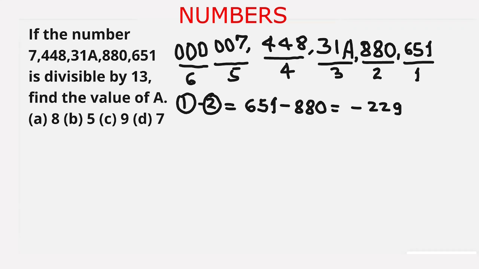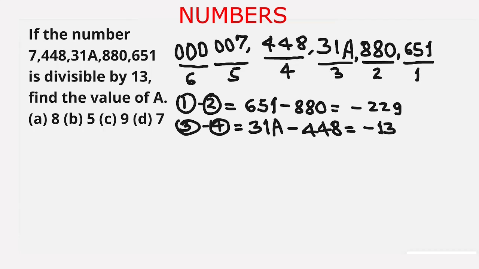This subtraction we should do in one direction. Here we are subtracting 2 from 1. Then next will be 4 from 3 and 6 from 5. This can be done otherwise also: 1 from 2, 3 from 4 and 5 from 6. Now 3 minus 4. This is equal to 31a minus 448, which is minus 138 plus a.